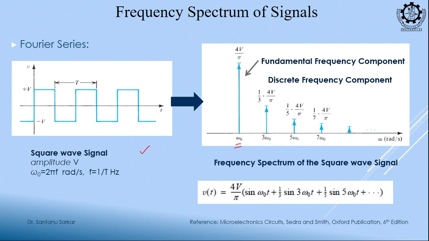So, it can go up to infinite frequency or the frequency range that we require for our operation, clear. So, this is the frequency spectrum of a time domain signal. Whenever we talk about the frequency spectrum, we generally have an amplitude response and a phase response. About phase response I will discuss later.